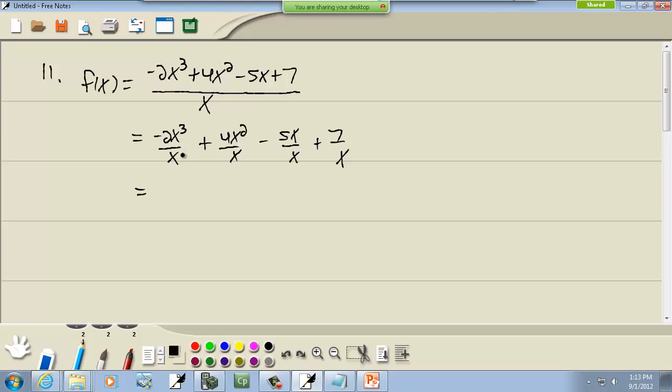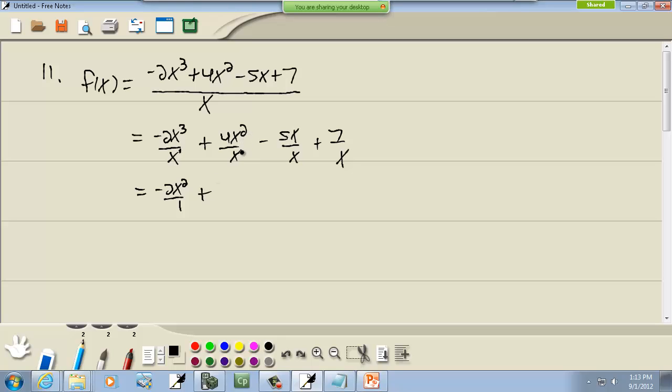Now in this one, we had a property from intermediate algebra, algebra 2. It said if you have x to a power over x to a power, you subtract the smaller exponent from the larger one, and you have x to that power where the larger one was. So this becomes negative 2x squared over 1.